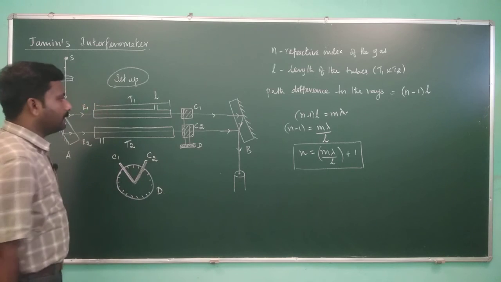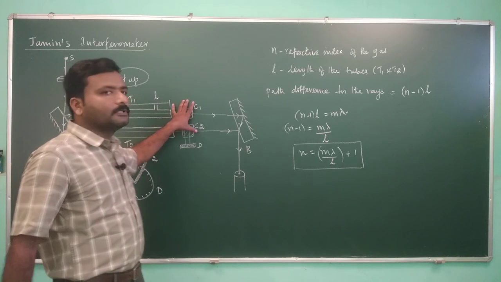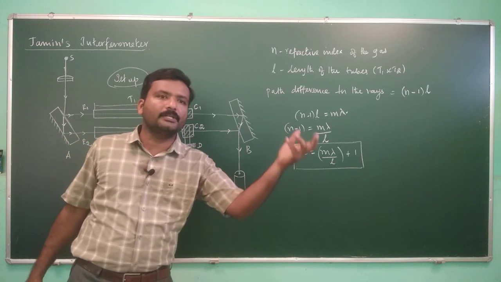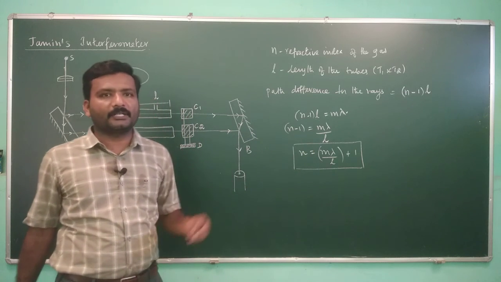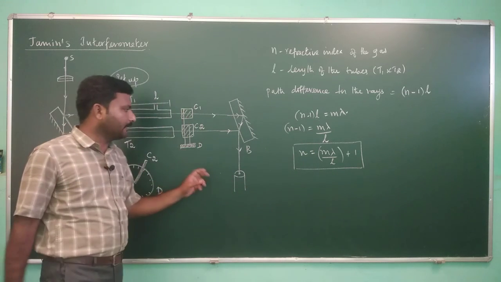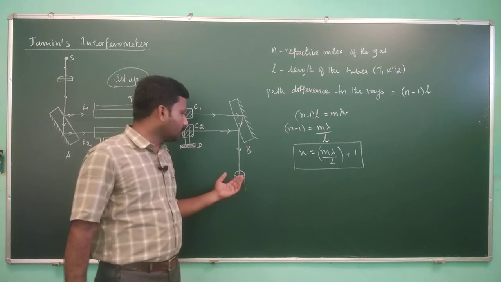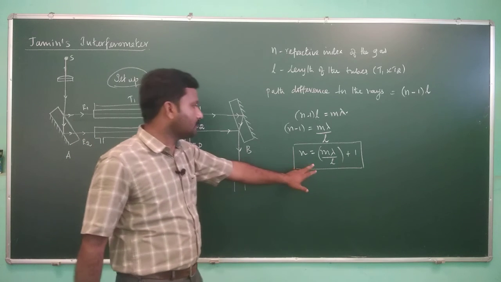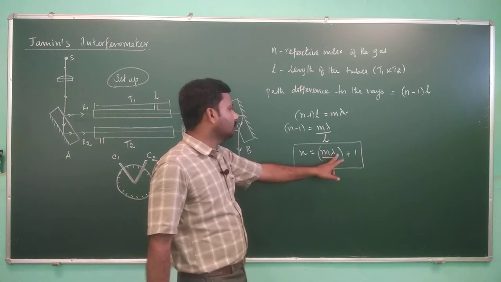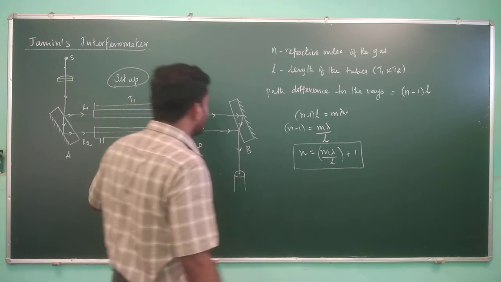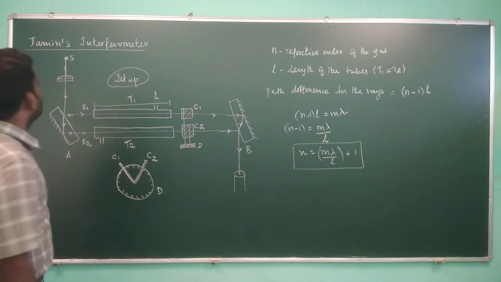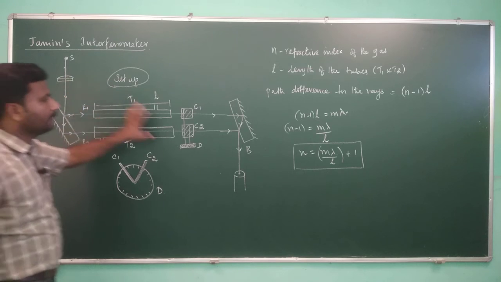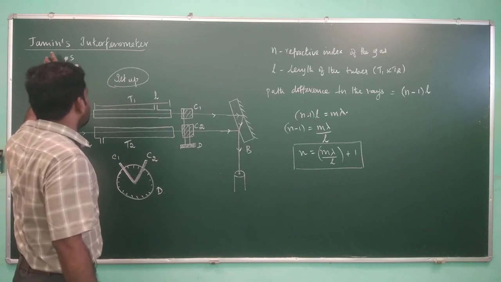In this calibrator, there are two equal thickness glass plates. If you rotate the glass plate, the path difference either increases or decreases depending on the rotation. By rotating it in the reverse direction, we can count the number of fringes, and using that we can put in the m value; lambda and L are known. Substituting it, we get the refractive index of the gas material using Jamin's interferometer.